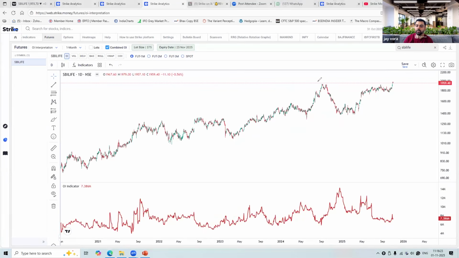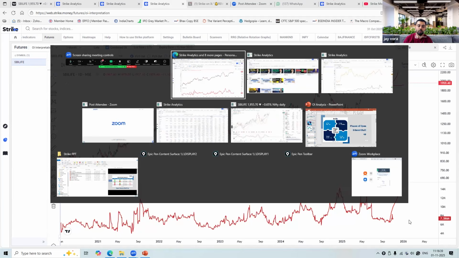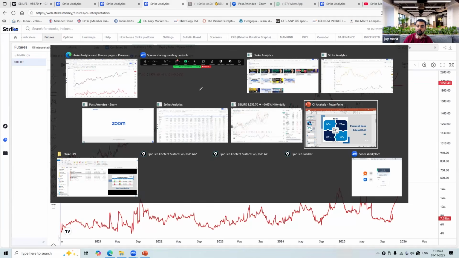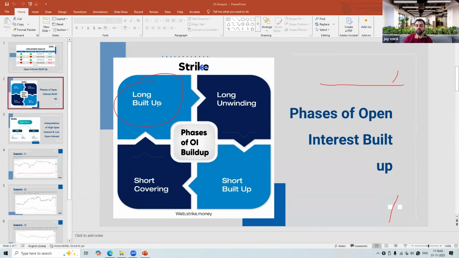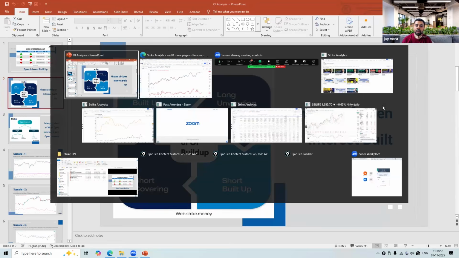So can it happen that this cup and handle pattern breakout is for real and we see an up move in SBI Life, and that also results in open interest rising higher? And then we will get into the next phase, and this will go in a circular motion. So this is how you have to try and identify what is happening in the stock.